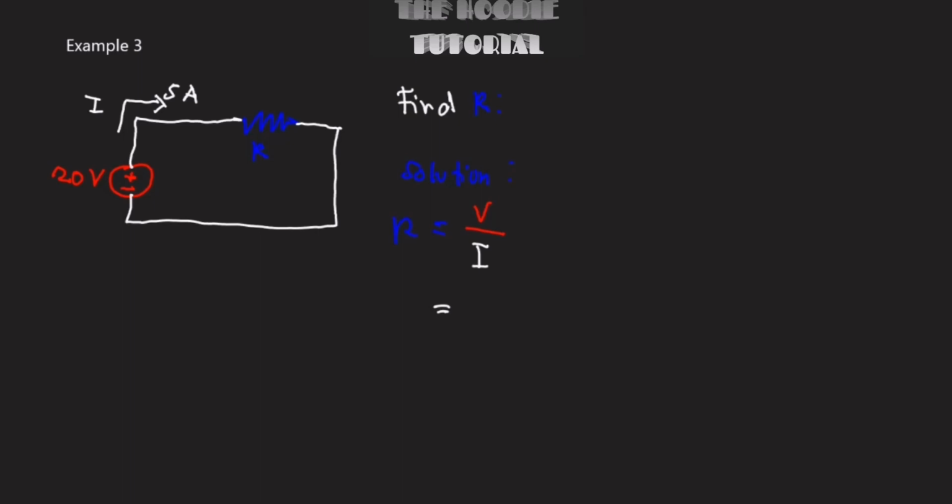So we have 20 volts in the numerator, divided by the value of the current, which is 5 amps. That means that we are going to have a resistance of 4 ohms. So that is going to be the answer in this example.